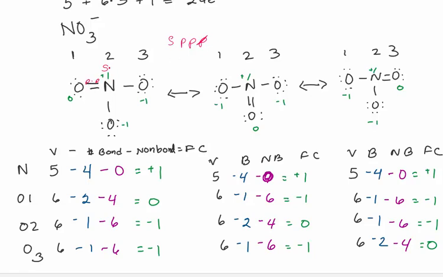So sp2 is all that's left in order to create that pi bond, but these are sp3 hybridized orbitals. So that's how that works. This is sp3, the one with the double bond is sp2, and then the other oxygens are going to be sp3. So that will answer that question thoroughly.